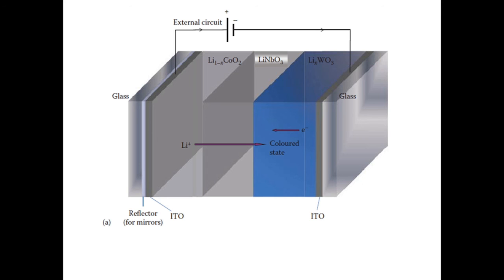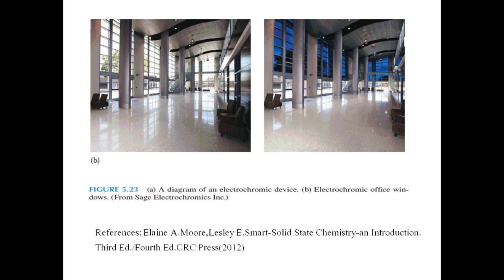This gives the potential for interesting smart devices such as windows, which can be switched from clear to colored to control temperature in buildings and cars. This is the application of this electrochromic device. In this diagram, there are electrochromic office windows.